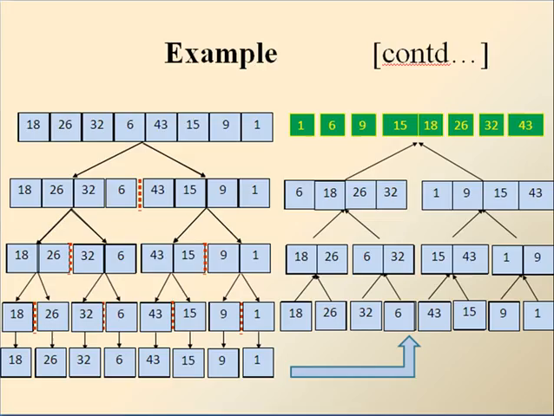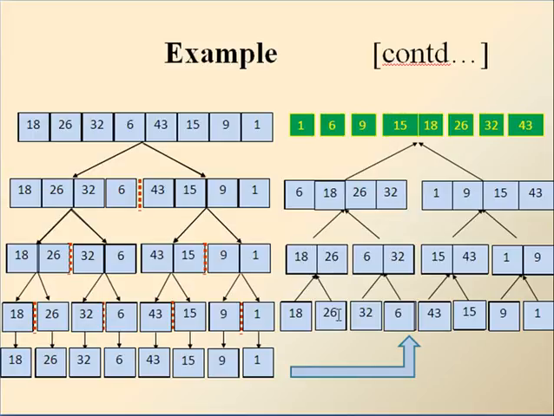Now after this step, this is the left array. So this is the final stage in which we get arrays of one element each. Now further division is not possible. Next we move on to merging. 18 and 26 can be merged, and during merging we will sort 18, 26.